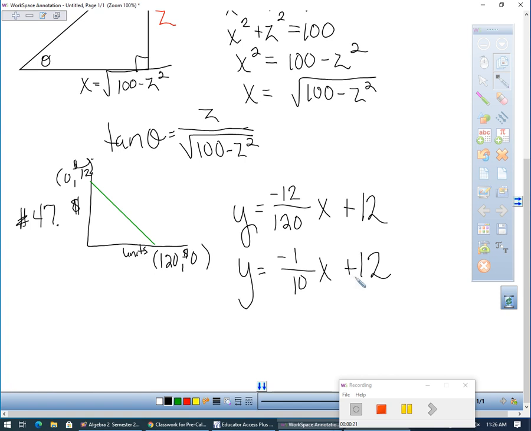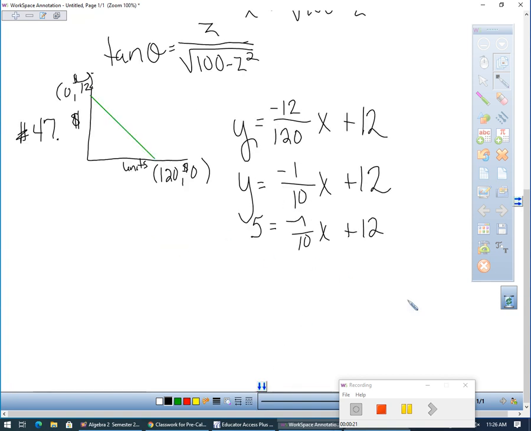Now, it's telling you that it's going to cost $5. The cost is our y value, so we're going to plug in 5 for y. Alright, and we can start by clearing the fraction. So if I multiply everything by 10 is one way to do it. Of course, you could just subtract 12. That's another way to do it. If I multiply by 10, I get 50 equals negative x plus 120.